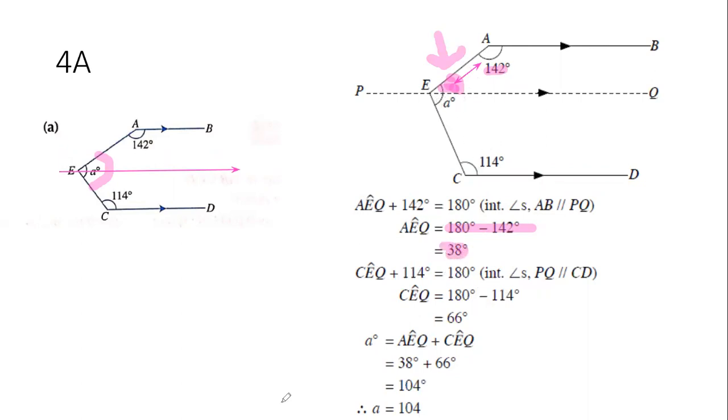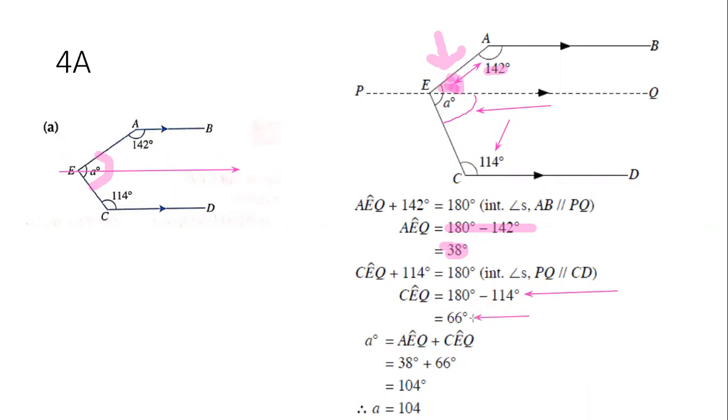And here we can also see that this angle here and this angle 114, these two angles are what? These are also interior angles, and again the sum of these two angles is 180. So if you want to find this part of the angle, you need to subtract this 114 from 180 degrees, which is done here.